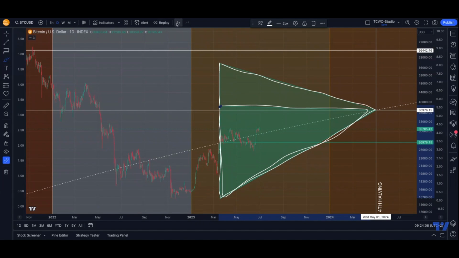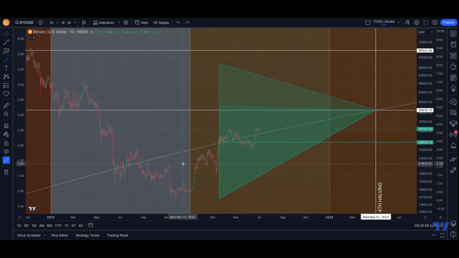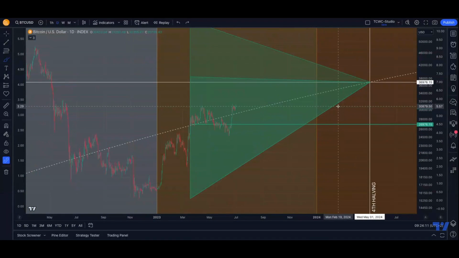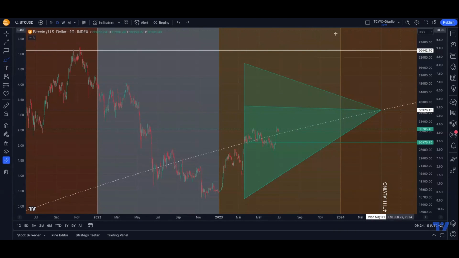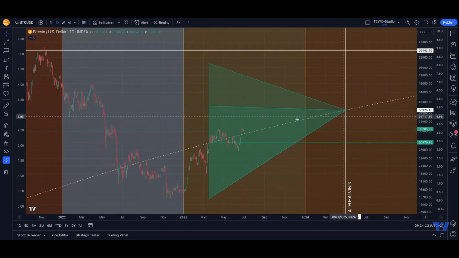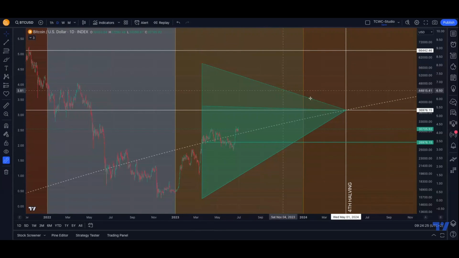All right, so once we kick off the market cycle with a bull market, we've noticed that these cumulus triangles can be drawn to give us a price range of where Bitcoin is going to trade through up until the future halving price.